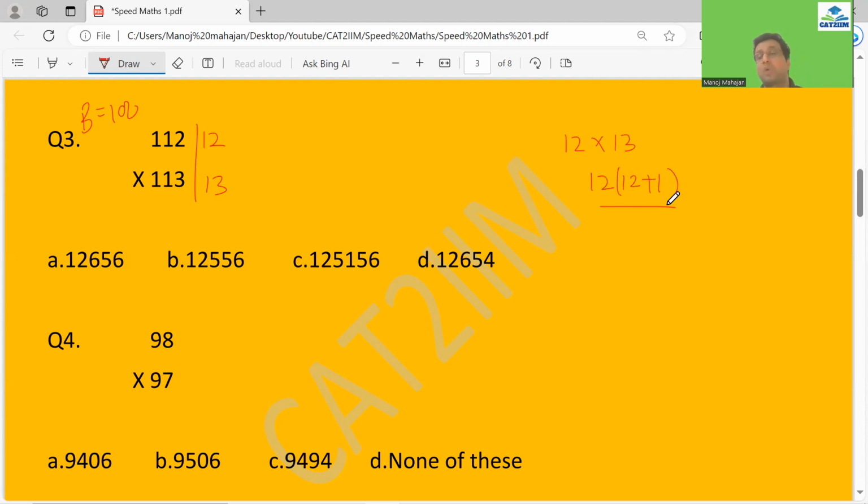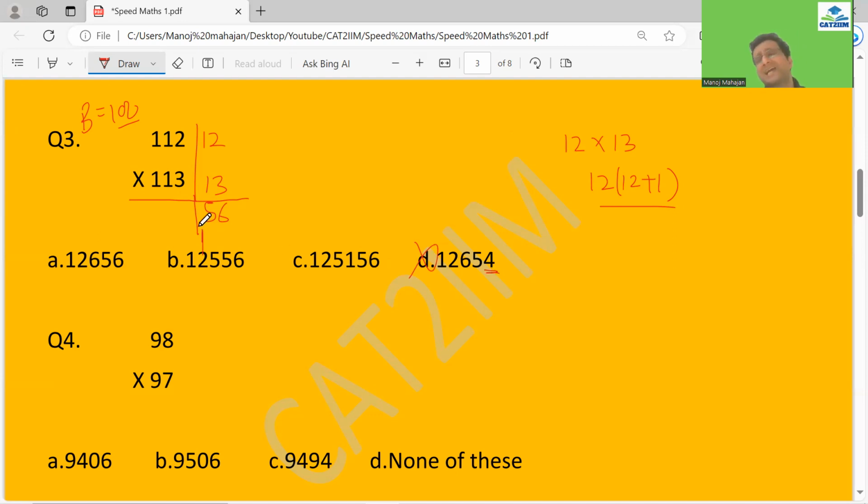So what is 12 square? 144 plus 12, 156. So for the first time, we are getting 3 digits over here and we just require 2 digits on the right hand side because there are 2 zeros in the base. So what you would do, just put 56 over here, one carry forward to the left hand side. So one thing is very sure that this cannot be the answer because the unit digit over here is 4.